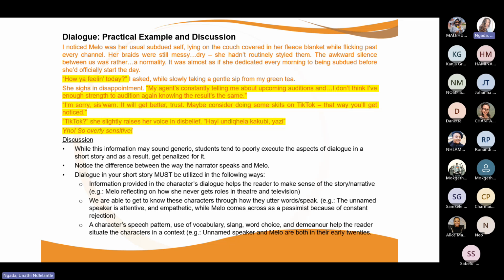And when we as the reader are trying to get to know the character, we're getting to know the character through how he or she speaks and the character's word choice. So dialogue here is indicative of a character's personality trait. Is this person a nice person? Is she a not so nice person? Or is this person a straight up bitch?